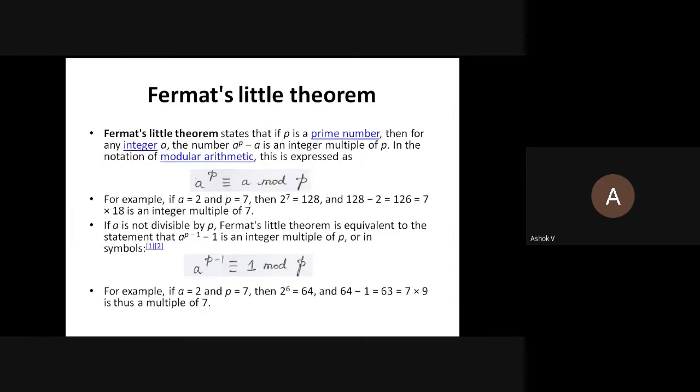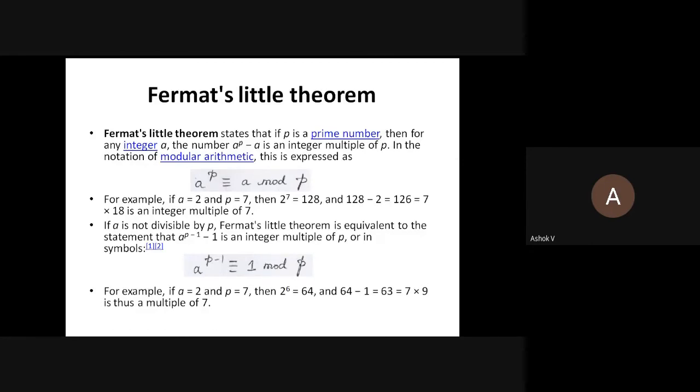But he presented this equation without any proof. In the 1640s, Fermat presented it without publishing any proof; he just stated that this is a theorem.